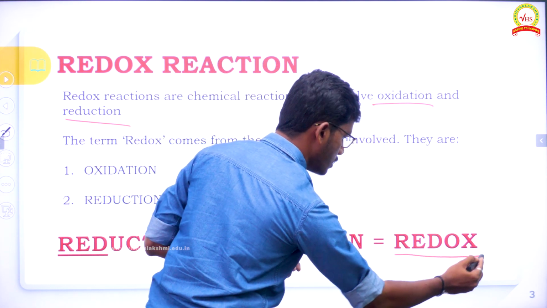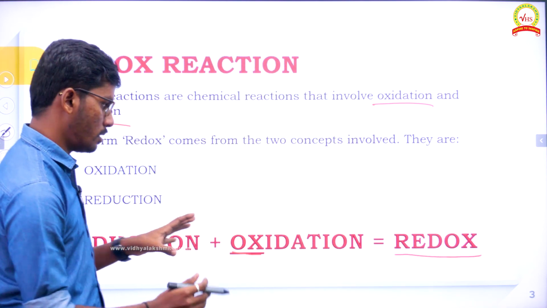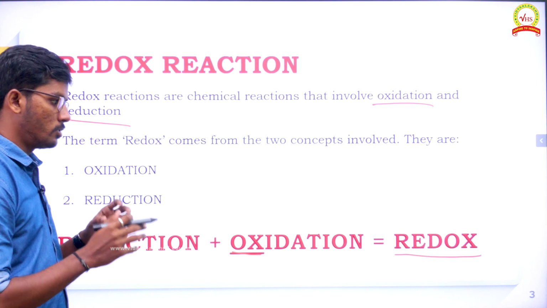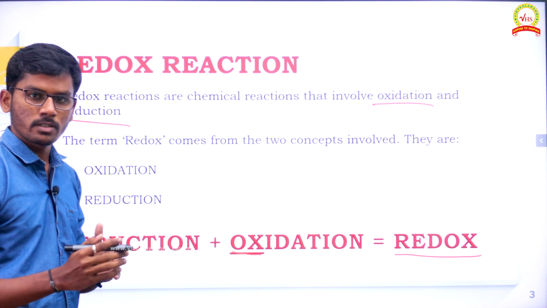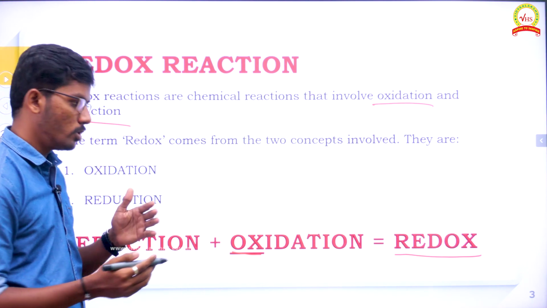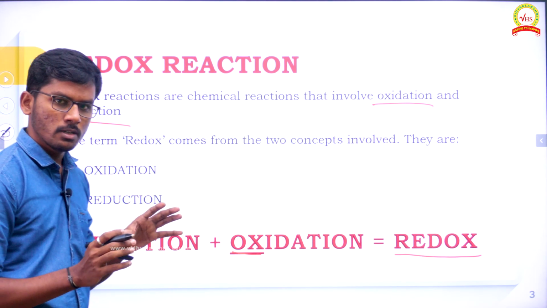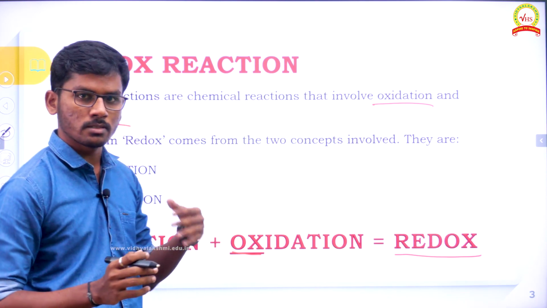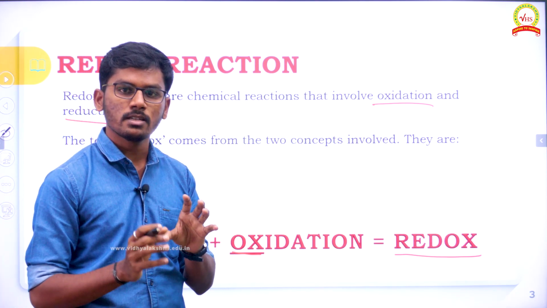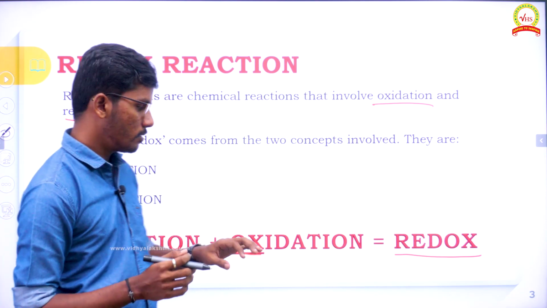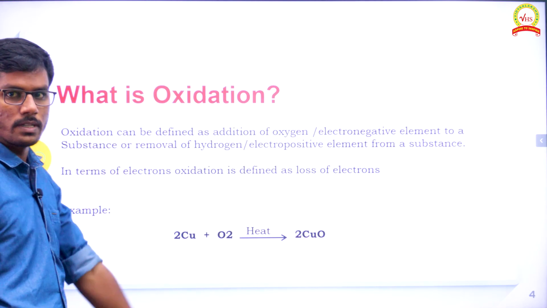Together it is termed as redox. So just keep in mind that a redox reaction is a combination of both oxidation as well as reduction reaction. If in a reaction both oxidation and reduction are occurring, then we call that reaction a redox reaction.